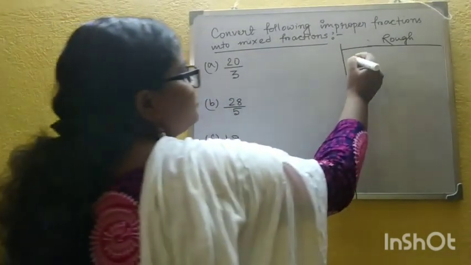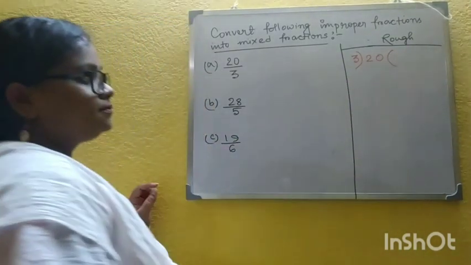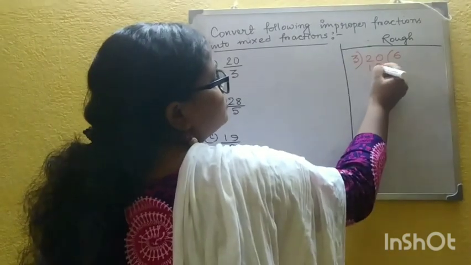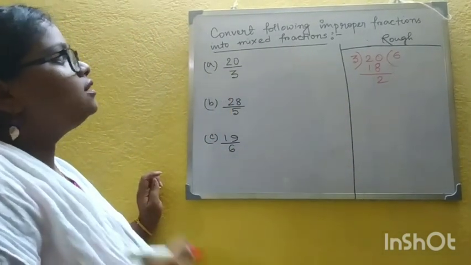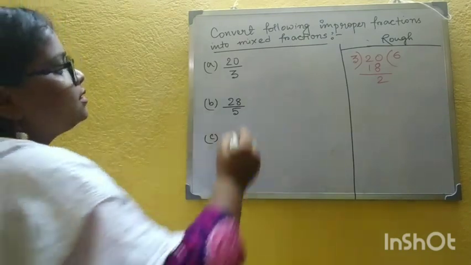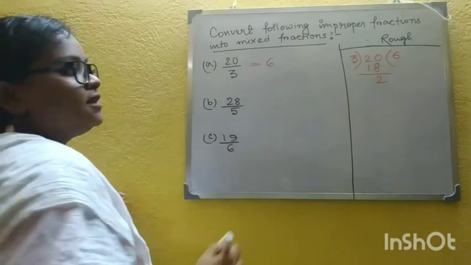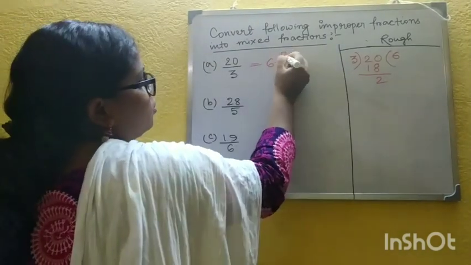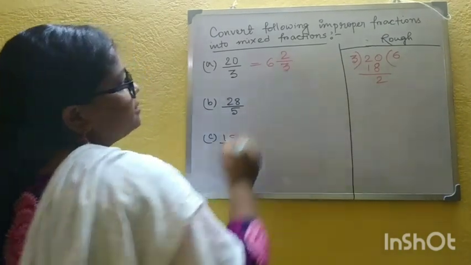That is, we will divide 20 by 3. 3 6s are 18. The remainder will be 2. So how will you write the mixed fraction? First we will write the quotient. Then the remainder on the top and the divisor at the bottom.